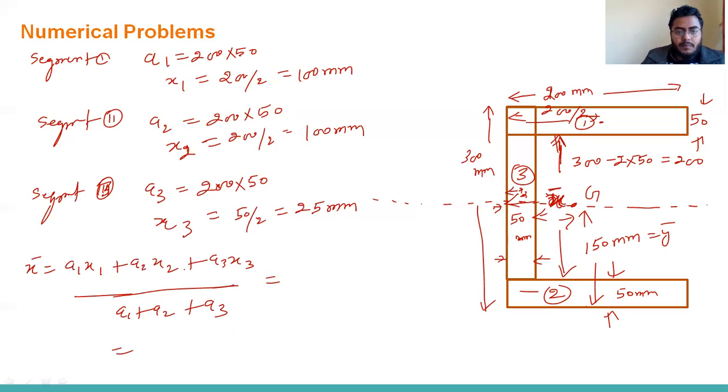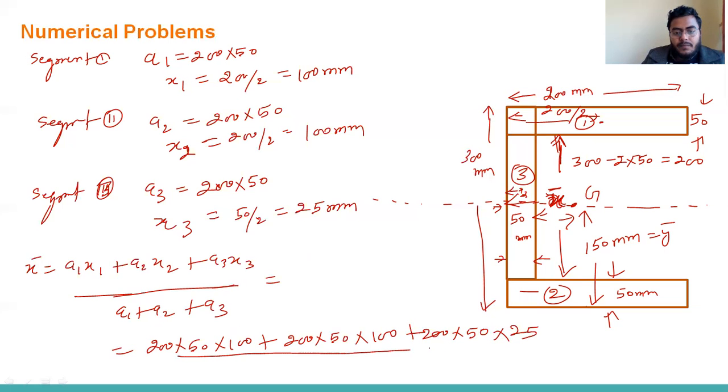Putting in all the values: 200 into 50 into 100, plus 200 into 50 into 100, plus 200 into 50 into 25, divided by 200 into 50 plus 200 into 50 plus A3, 100 into 50.